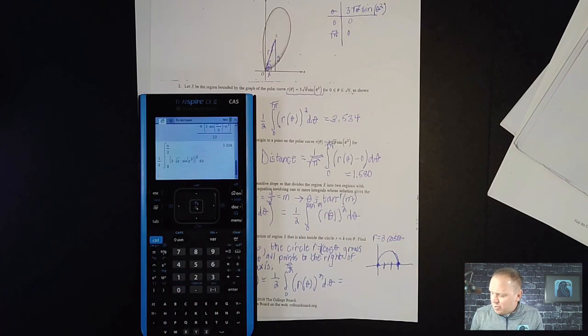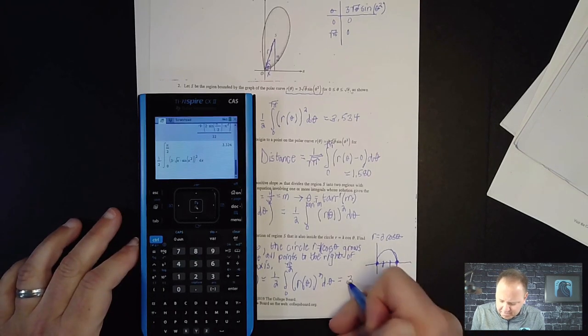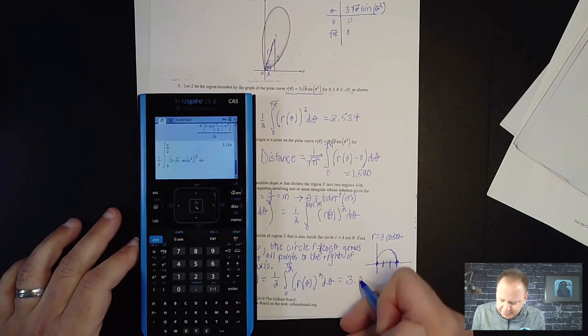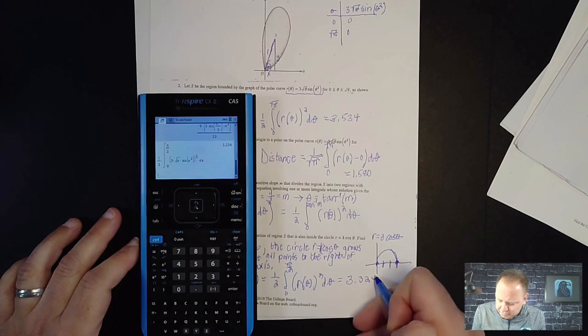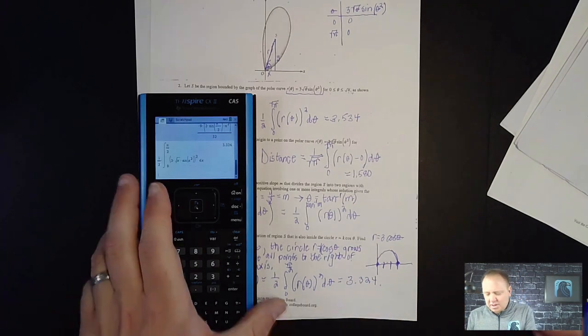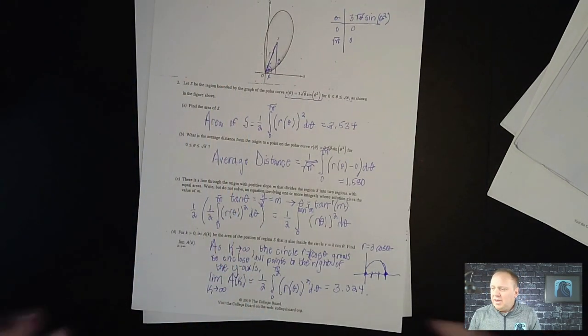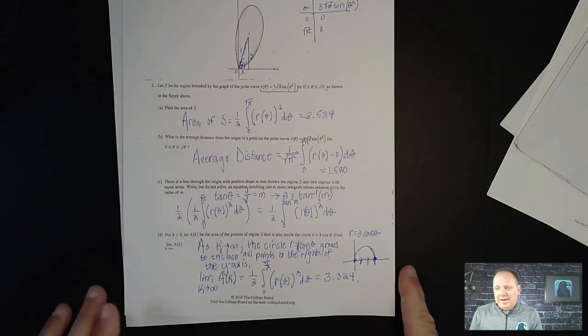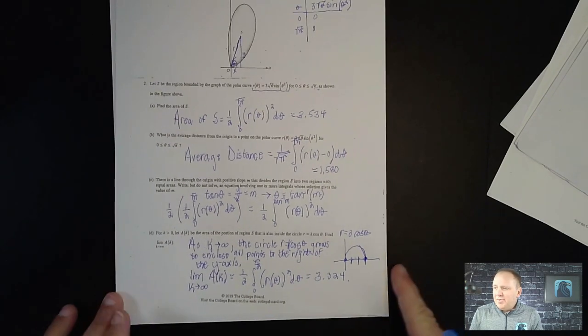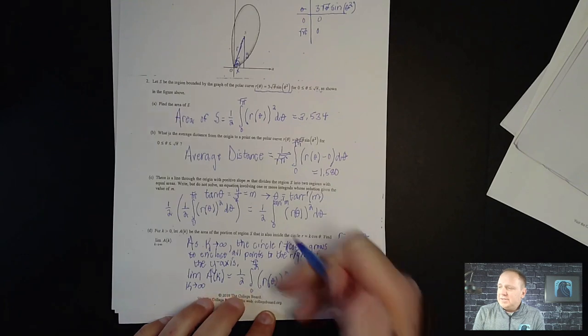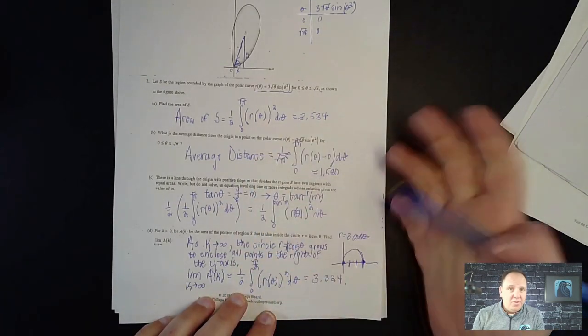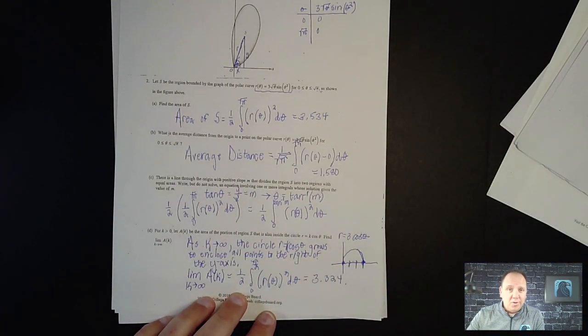And I get 3.324. So it has to approach that. Again, I don't know how students would have done with that one. But knowledge is power. Seeing these type of things can help you if they throw curveballs at you moving forward.